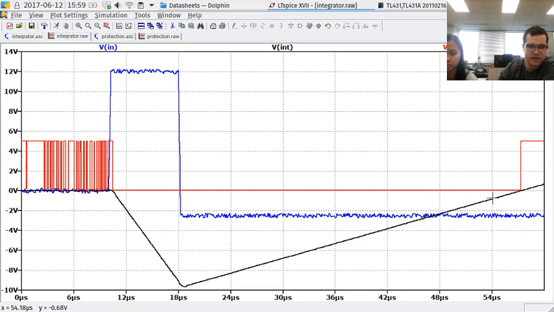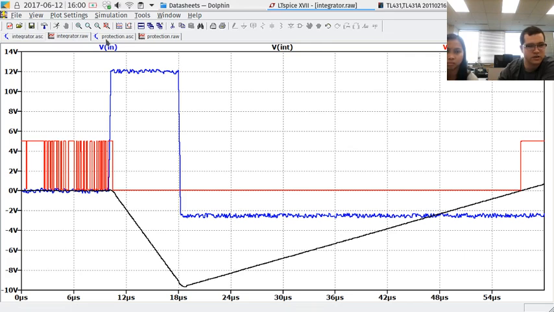Encountering noise problems from that is very unlikely, since our input is nowhere close. And the integrator does a pretty good job of filtering by itself, since an integrator is basically a low-pass filter.